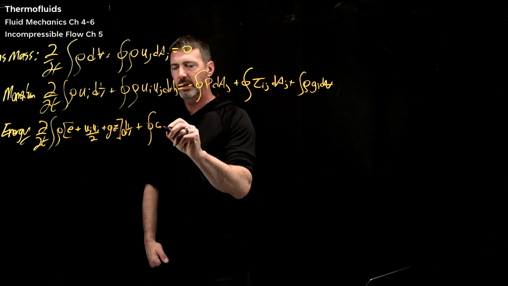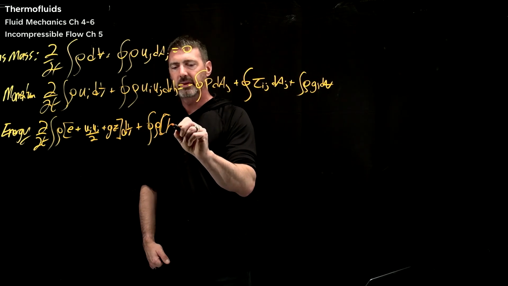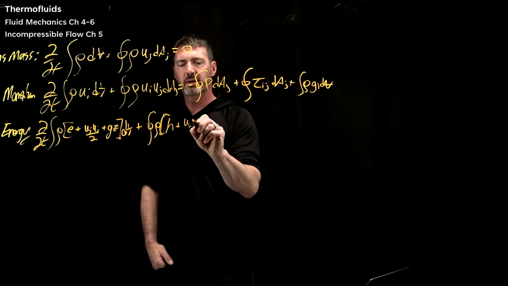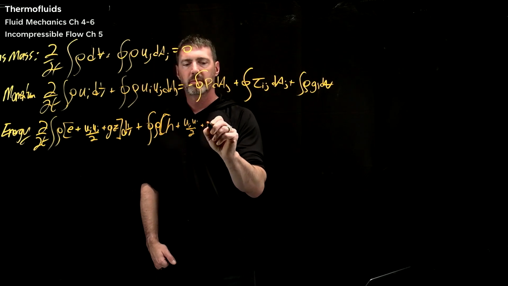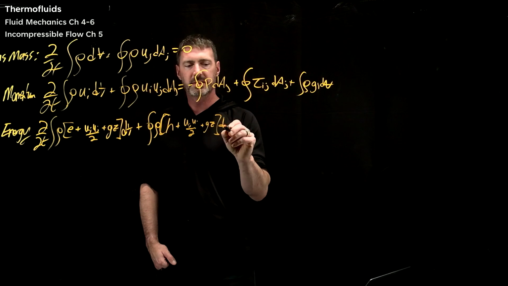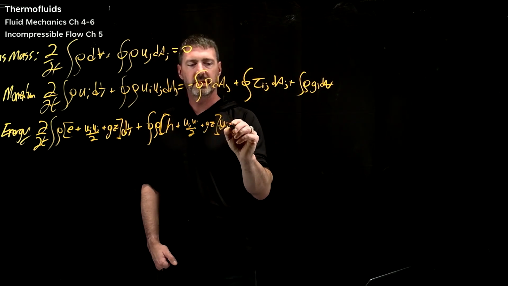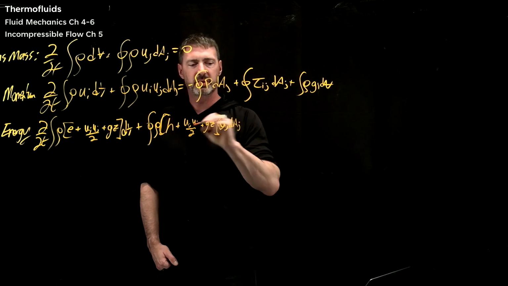And then you have the contour integral, and I'm going to write in here, because we did the math, h plus uj uj over 2 plus gz, times uj dAj.